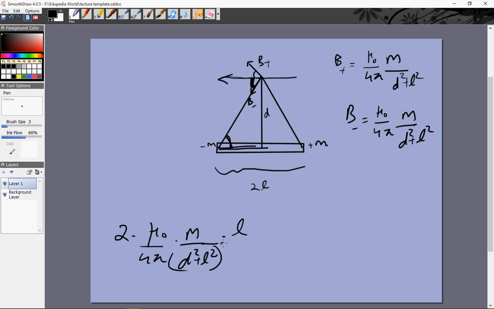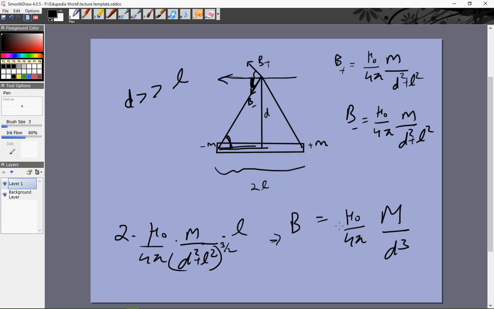So L by (d squared plus L squared) to the power 3 by 2. Then we can use the approximation: L squared can be neglected in terms of d squared, assuming d is much greater than L. From that we get the magnetic field to be, and 2ml I'll just write as capital M, mu naught by 4 pi, capital M by d cube.